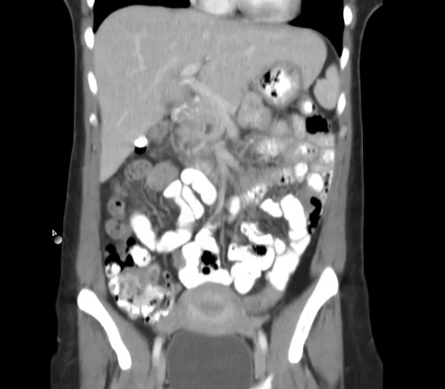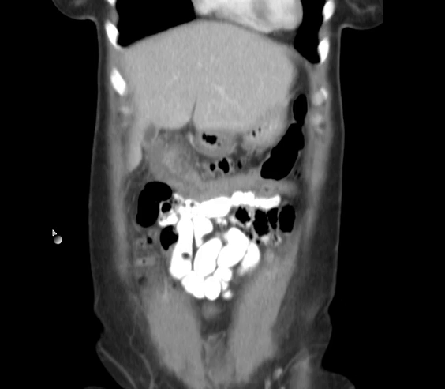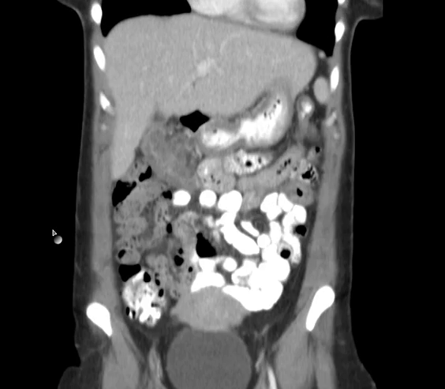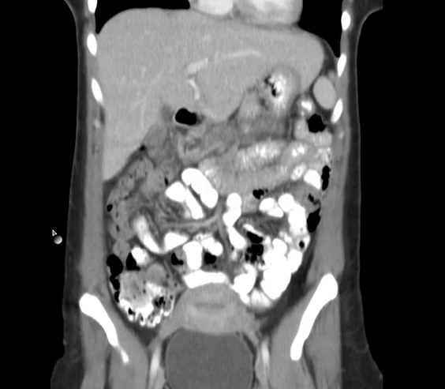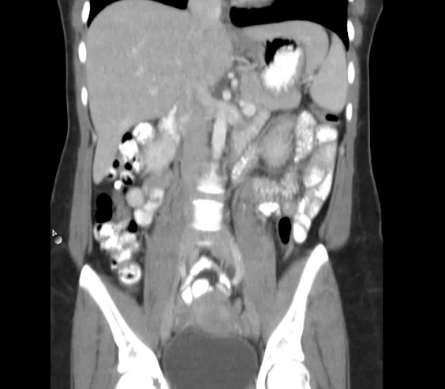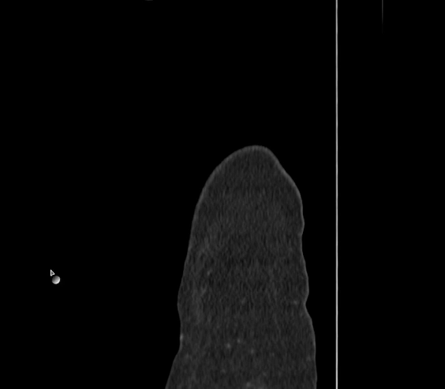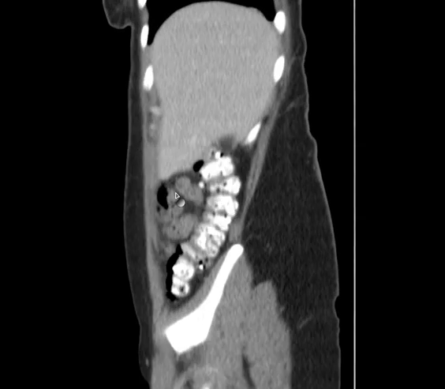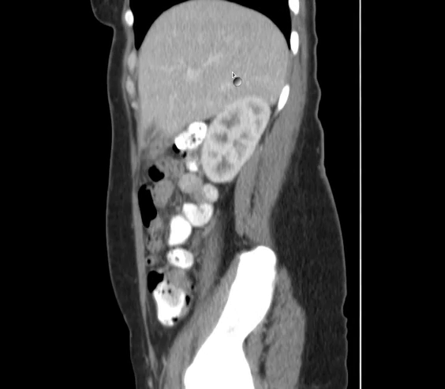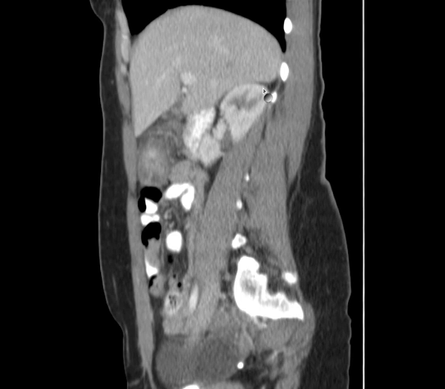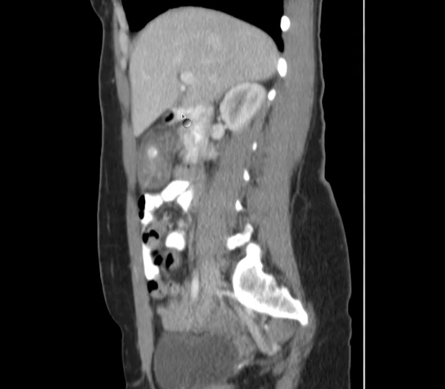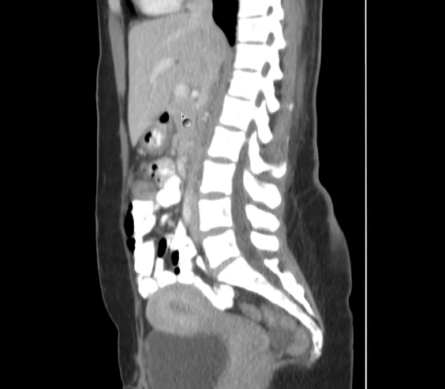Okay. It's not that obvious if you're not used to looking at cross-sectional imaging. I can tell you that the patient has right upper quadrant pain and fever. Here are sagittal images. So there we're coming through the liver. And there's the gallbladder fossa right there. The gallbladder looks kind of contracted. Maybe you see something there.